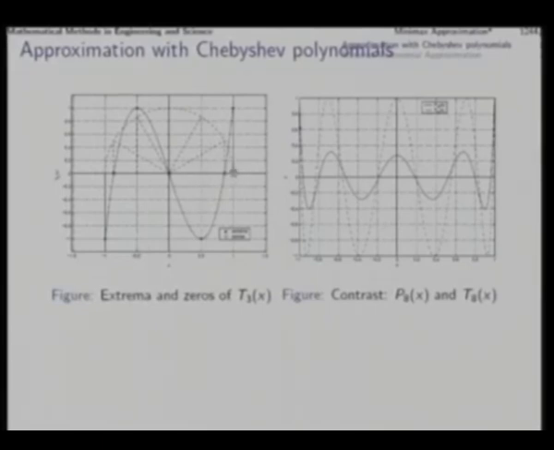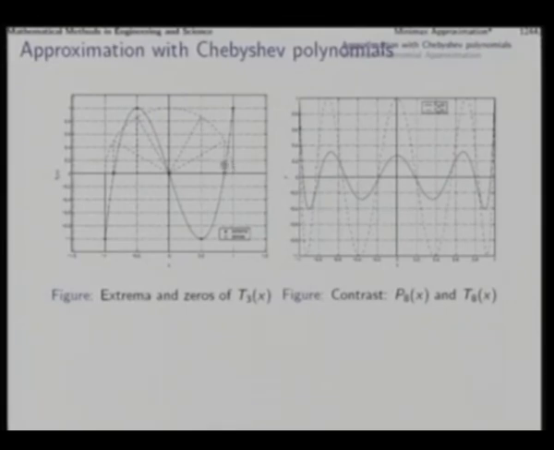Say for theta equal to 0, x is 1. So, the value of the Chebyshev polynomial is 1. Then for theta equal to 30 degree, pi by 6, x is cos 30 degree, that is root 3 by 2. So, at that we have got a 0 of the Chebyshev polynomial.